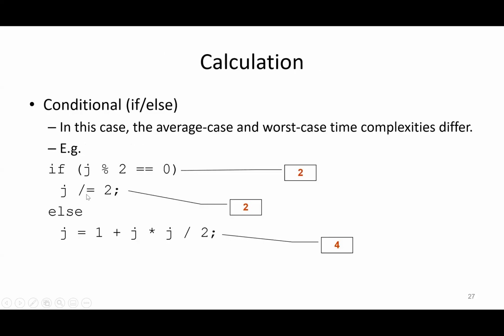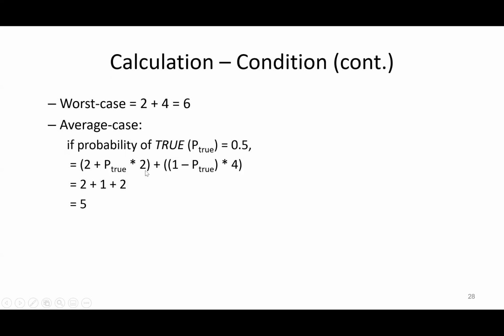This 2 comes from the statement for the true. And the 4 is the statement for the false, right? So that's why 2 plus p true multiplied by 2, then 1 minus p true, which is 0.5 as well, multiplied by 4. Then you get around 5. Okay, this is one way we can calculate this if else conditional statement.